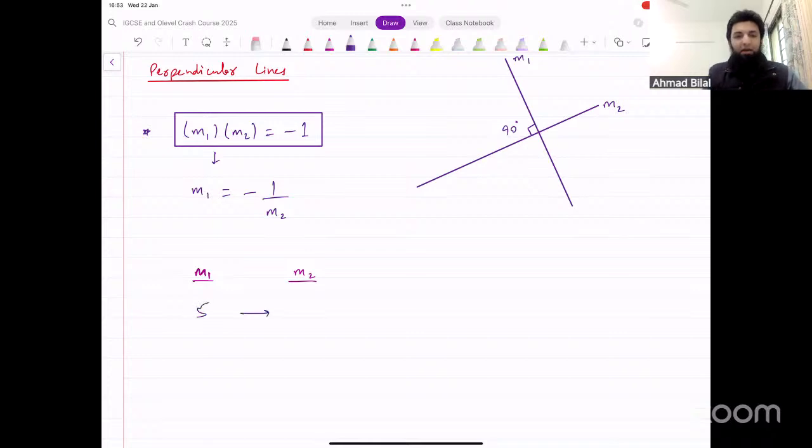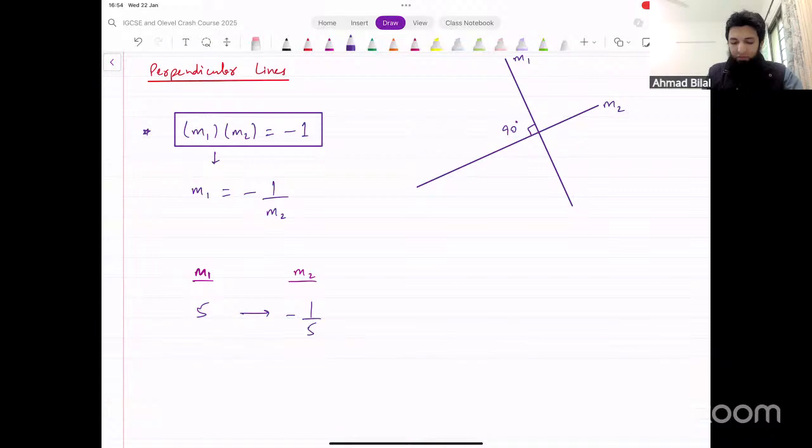If the other line is perpendicular to it, what would be the gradient of that other line? Negative reciprocal of this. What does that mean? You change the sign. So this was positive, you make it negative, and you take the reciprocal, so it becomes 1 over 5. So if one line has gradient 5, the other line would have gradient -1 over 5.